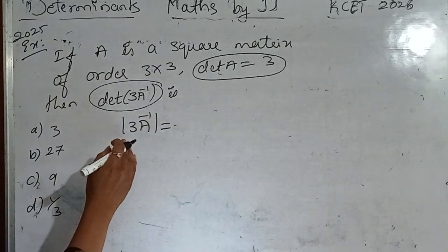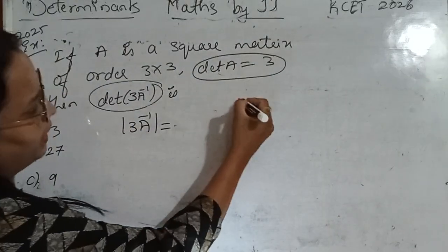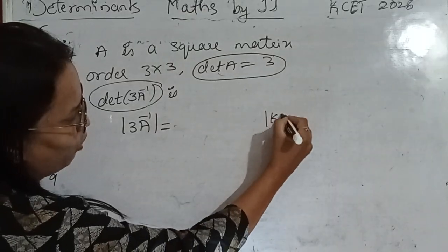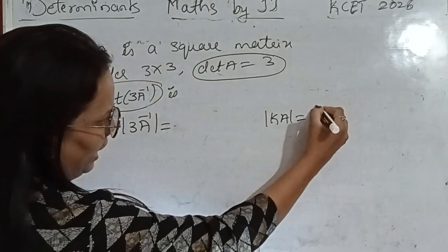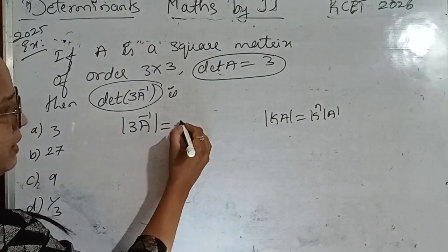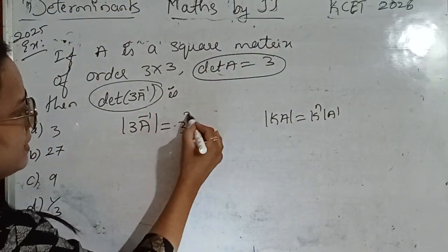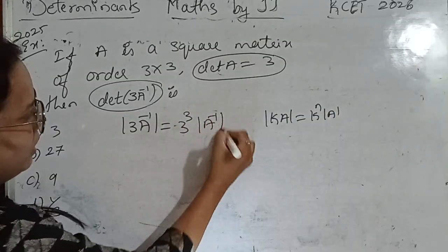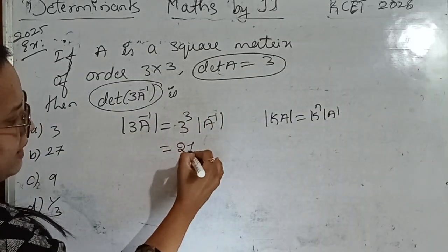In the previous example I already told you that I am going to use this formula: determinant of K into A is K to the power n into determinant of A. Same thing I use here. So 3 to the power 3, the order, into determinant of A inverse, so 27 into.